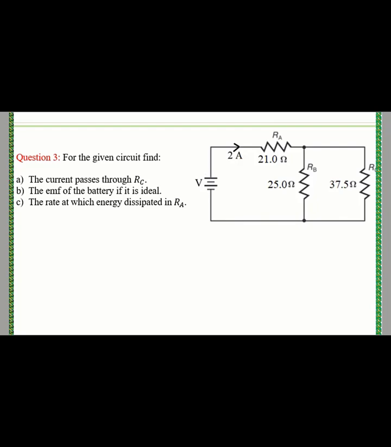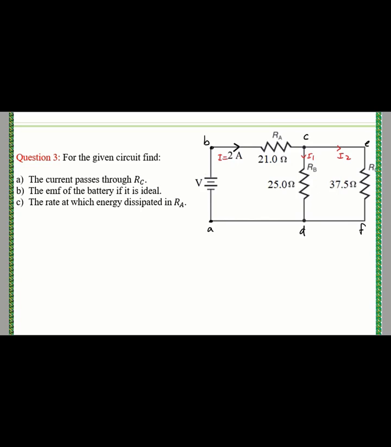We need to use some tricks here. Name this A, B, C, D, E, F. The main current is I. I will name this current I1 and that one I2.